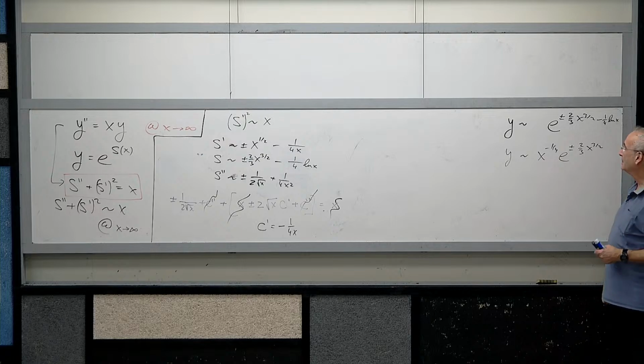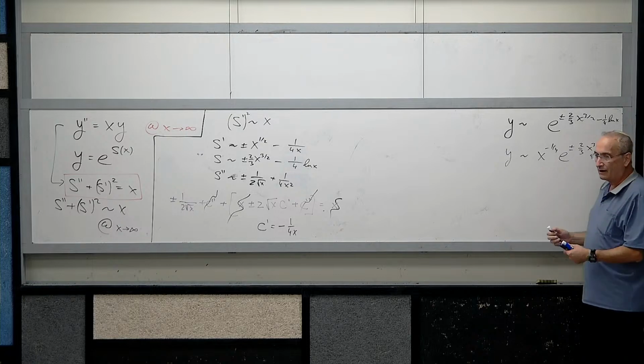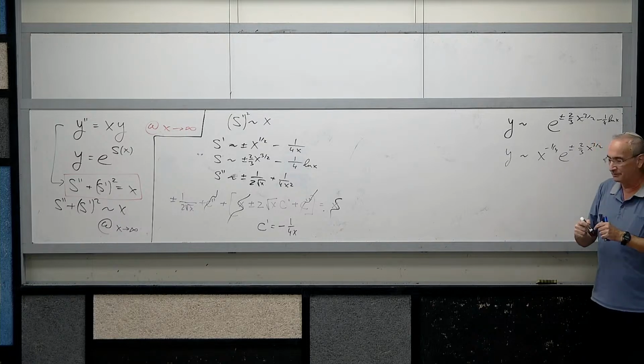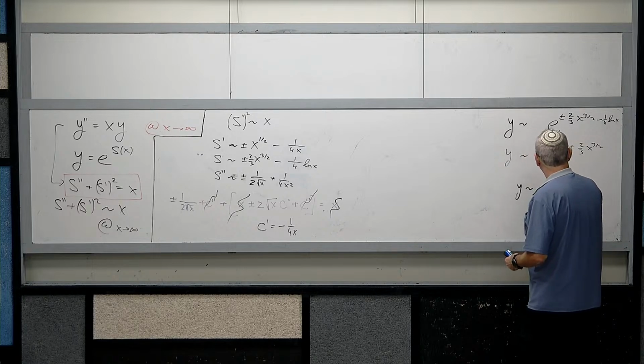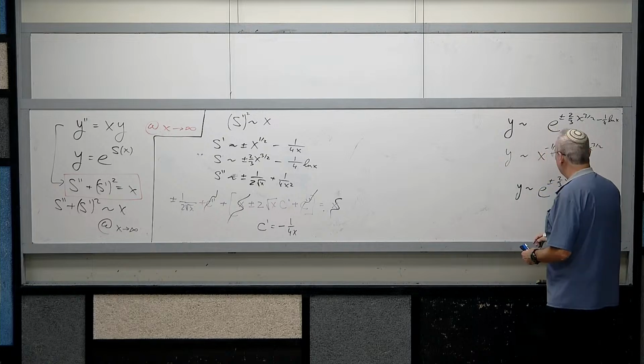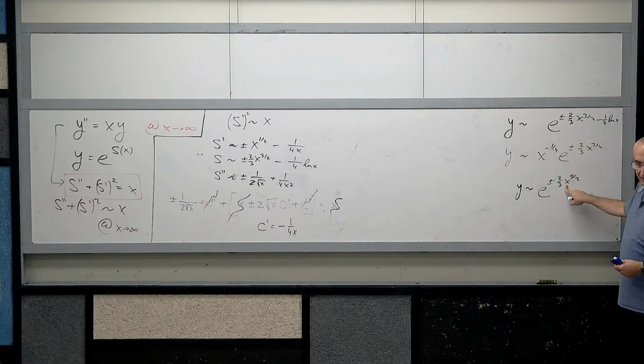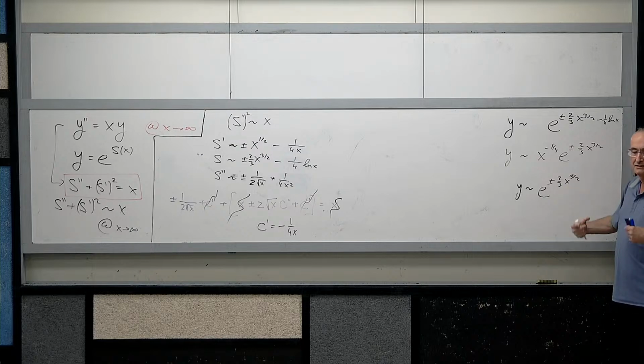Okay, now we can judge. Before, I said that writing y is asymptotic to e to the plus minus 2/3 x to the 3/2 is dangerous, right? Because I have to make sure that the next correction goes to 0 as x goes to infinity.